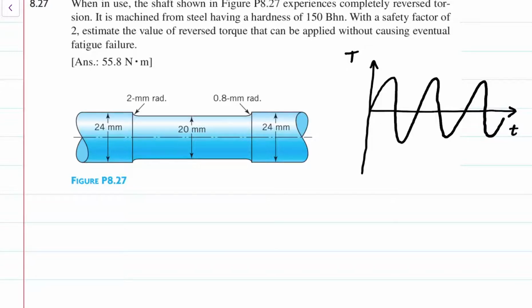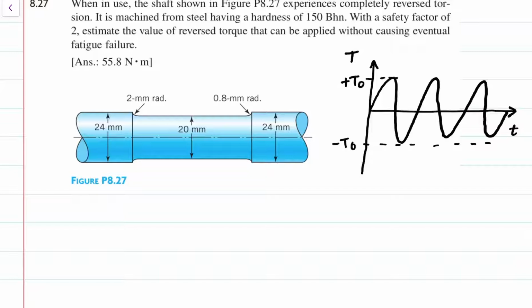So let's say we twist it in the positive direction, or clockwise, by positive T naught. And then we twist it in the opposite direction, counterclockwise, by the same amount. So the torque would be negative T naught. So this is what is meant by completely reversed torsion.